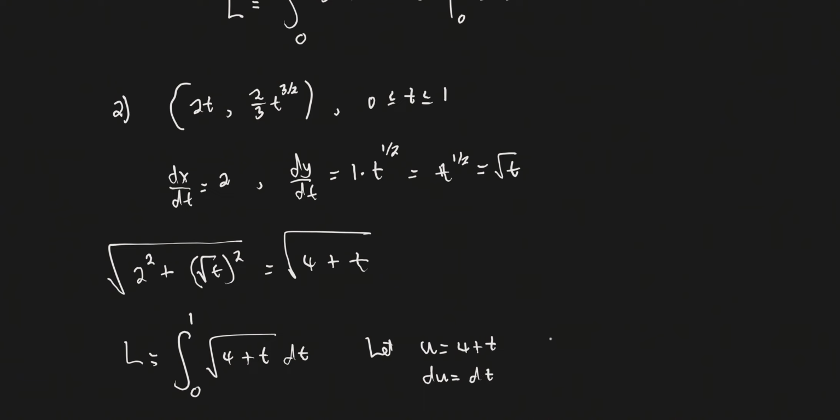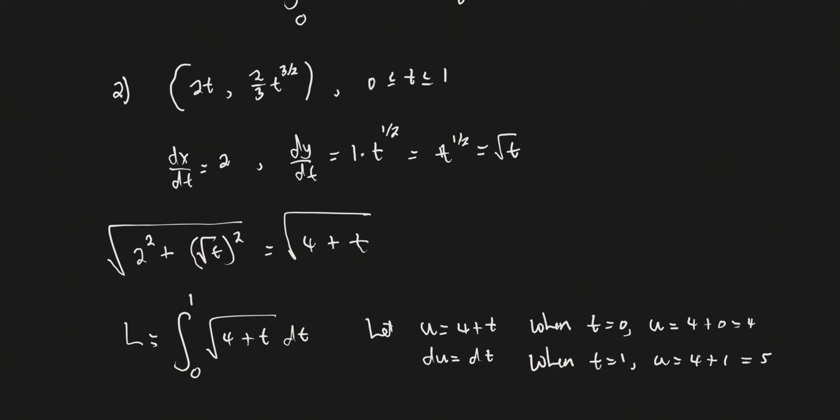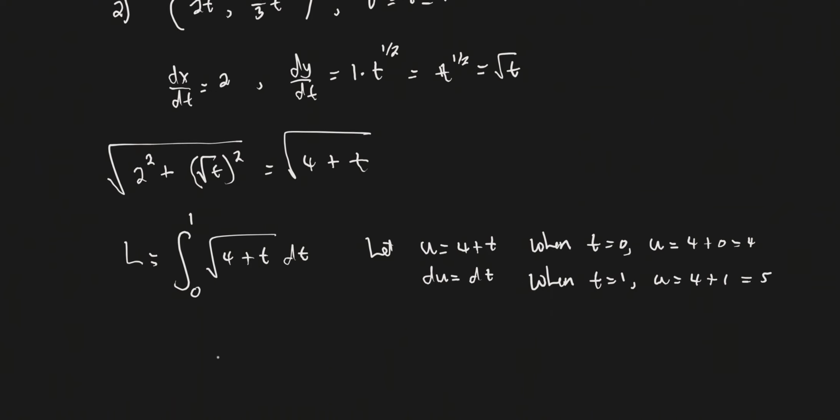And then let's switch our limits of integration. When t is equal to 0, u is 4 plus 0, so that's 4. And similarly, when t is equal to 1, u is 4 plus 1, so that's 5. So with our u sub, we've converted our definite integral, and the limits are now 4 to 5.